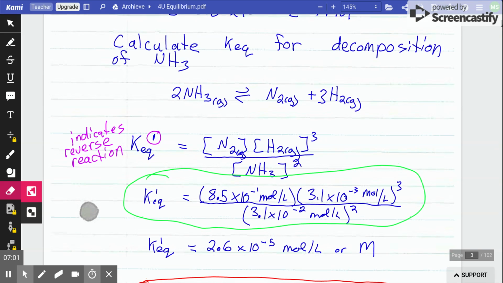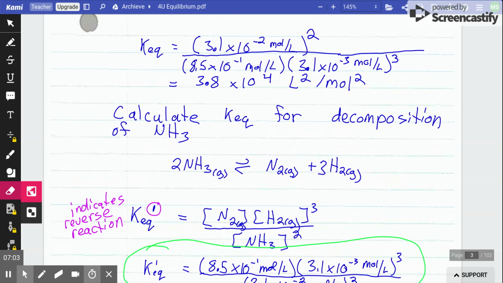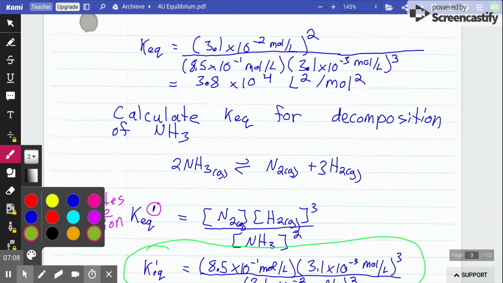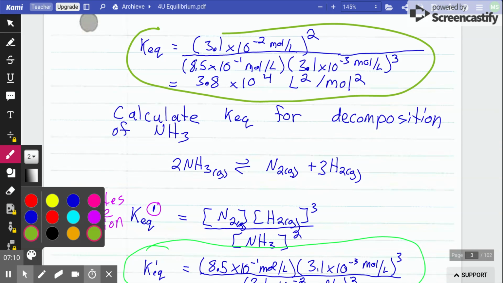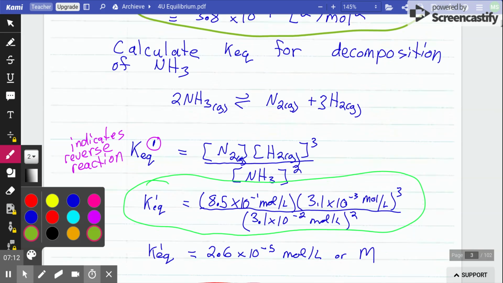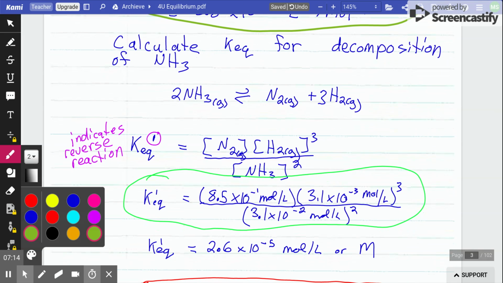So just remember that an equilibrium constant expression, so right here, our equilibrium expression right here, is actually just the opposite, flipped upside down for its reverse, so it's reciprocal.